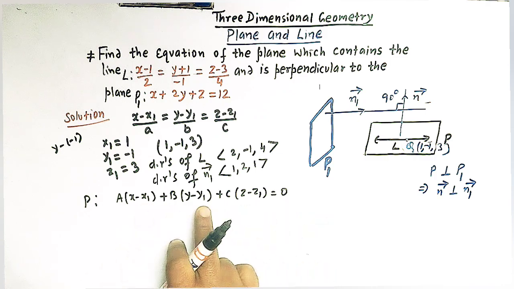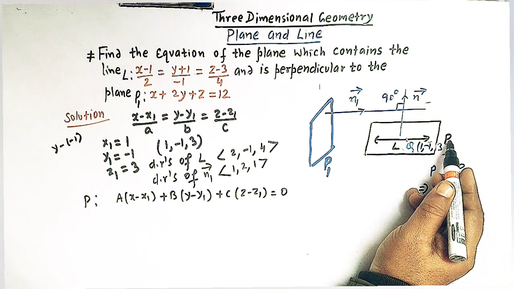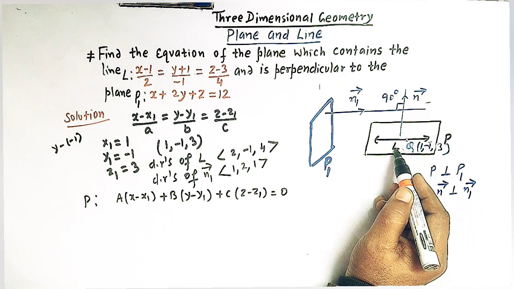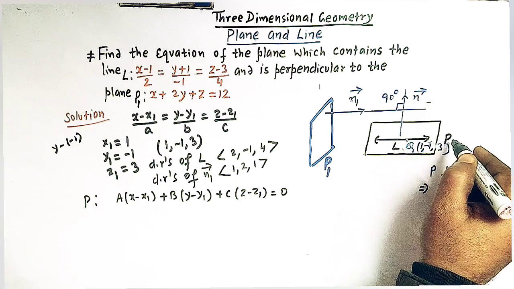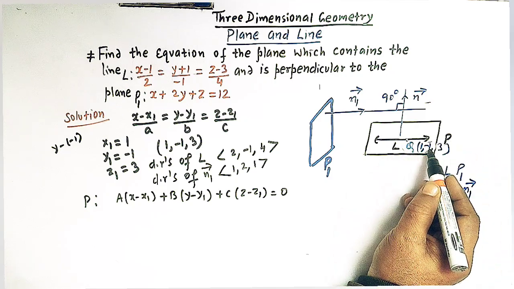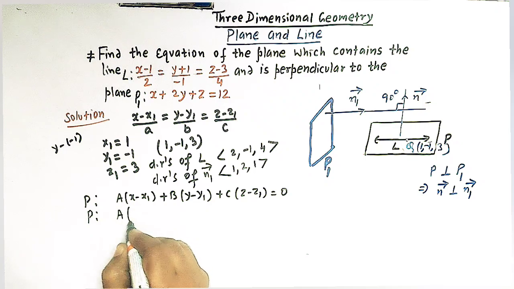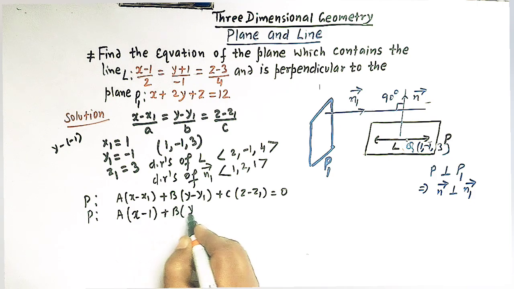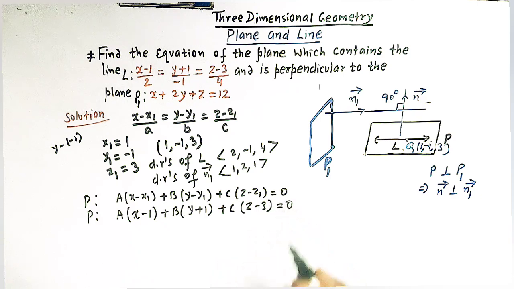Here (x1, y1, z1) is the coordinate of a point which lies on the plane P. This line L lies on the plane P, and passes through this point Q, which also lies on plane P. So let us take (x1, y1, z1) as (1, minus 1, 3). The equation of the plane P is now given by a(x minus 1) plus b(y plus 1) plus c(z minus 3) equals 0.